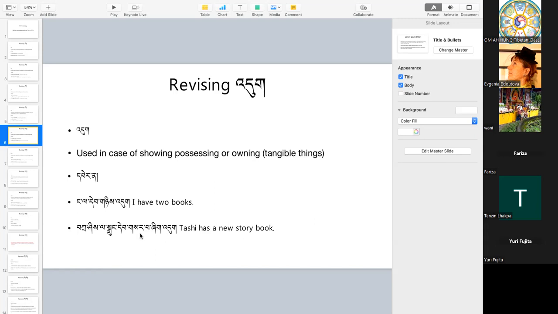So I say, Tashi la tef saba shiktu. Tashi has a new storybook because I saw Tashi bringing it. I saw Tashi reading it. I saw Tashi holding it. I can confirm it through my observation. I'm not guessing anything here. I have confirmed it with my own observation and saying that Tashi has the new storybook.